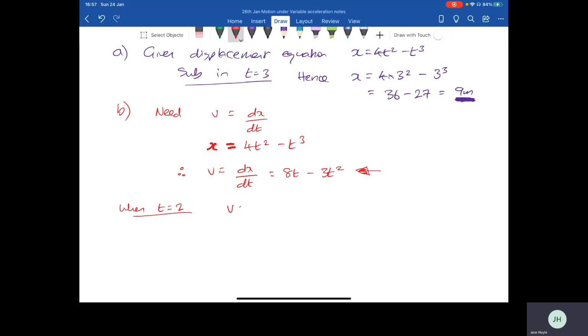So when t is 2, v is equal to 8 times 2 minus 3 times 2 squared. That is a formula that we can work out the velocity for any time at all. 16 minus 3 times 4, so 16 minus 12, 4 meters per second, because we have got a velocity.